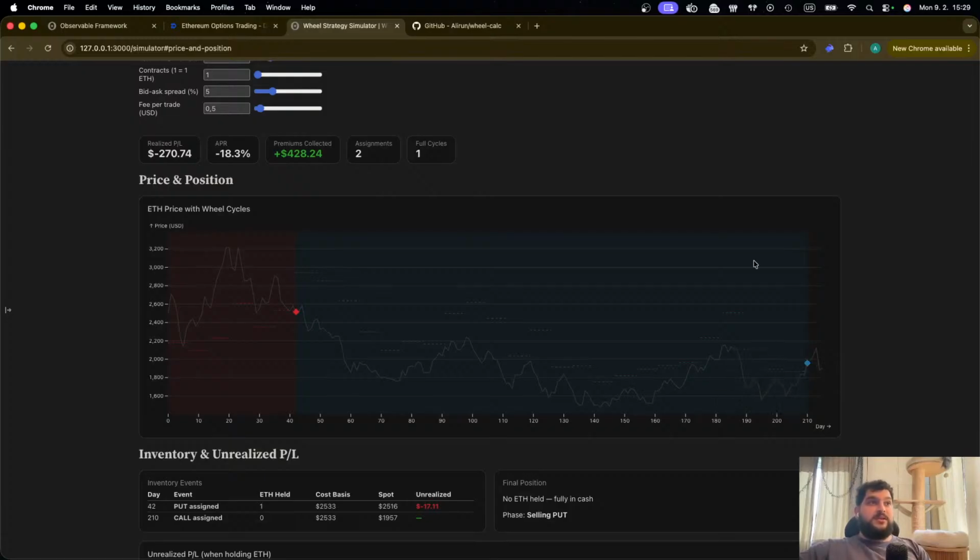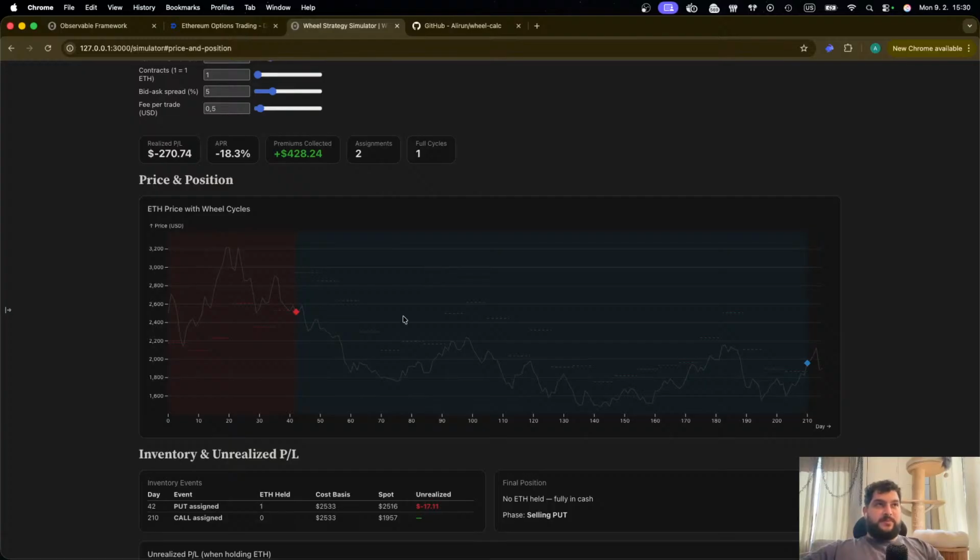So basically, if you see this dotted blue line, when the blue one is higher than the red one, so when the current price is above our put assignment, then we can have smaller deltas, and if it goes down, then we can have bigger deltas for the calls.